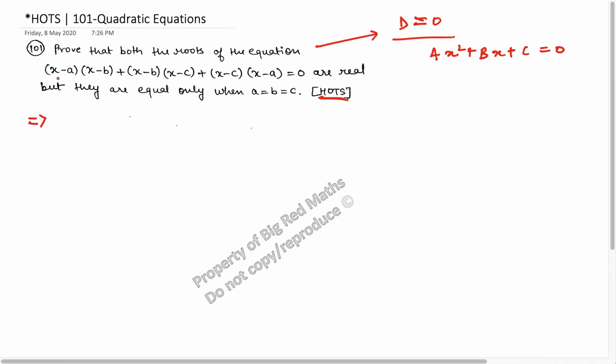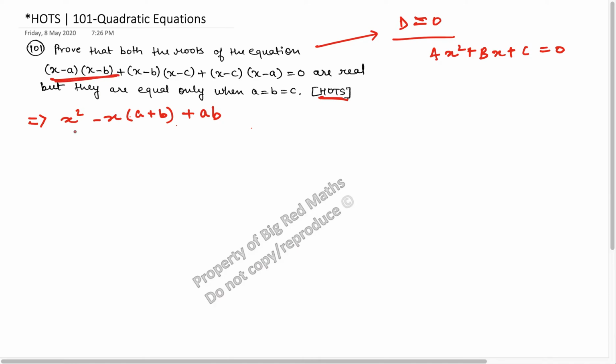You see, x minus a multiplied by x minus b will give you x square minus x into (a plus b) plus ab. I'm just multiplying the first two terms.